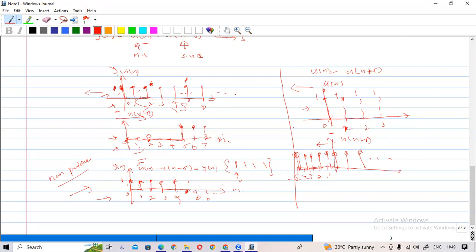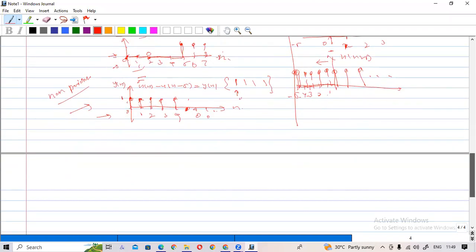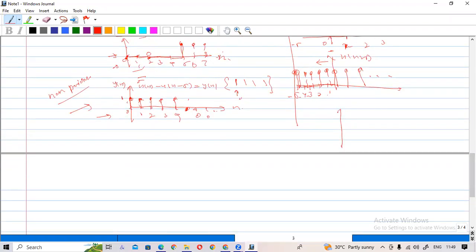So this minus 5 sample is 0. So 0 minus 1. What will be the value? 0 minus 1. The value will be minus 1. So this is n, this is minus 5.